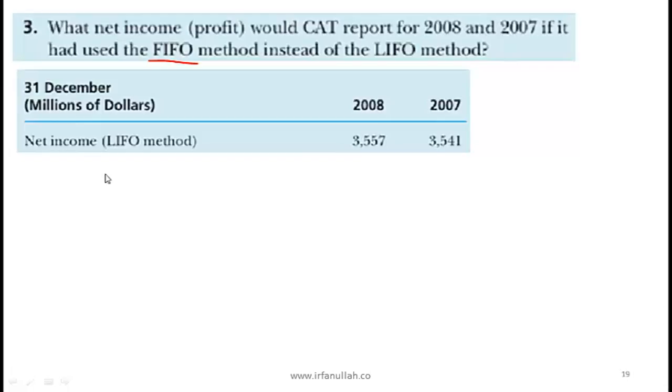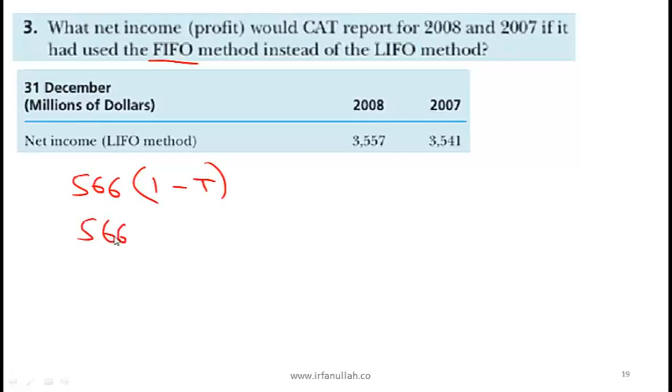What was the change in LIFO reserve? 566. So this 566 is actually increasing your additional income. But then you should always put in the tax effect, 1 minus T. The tax rate I told you was 20%.